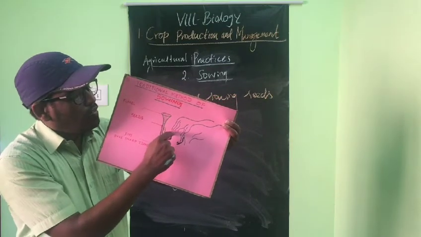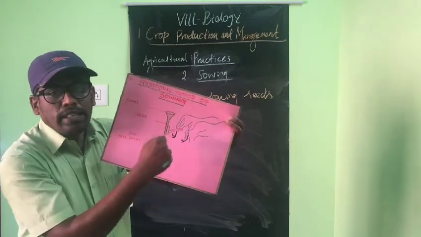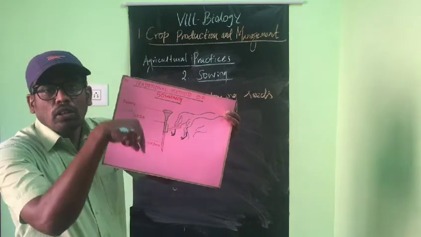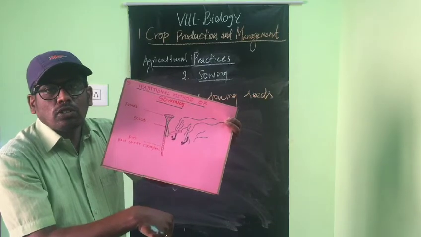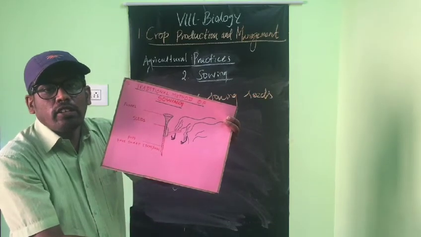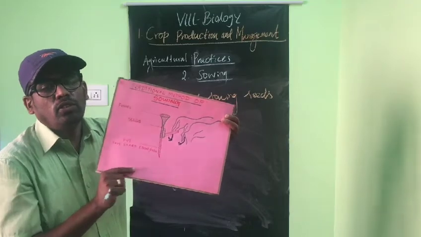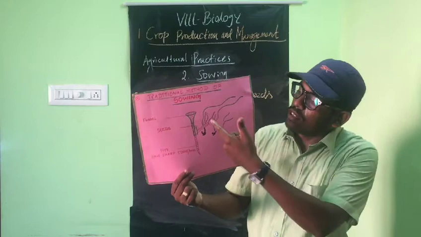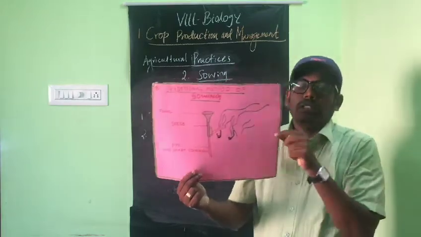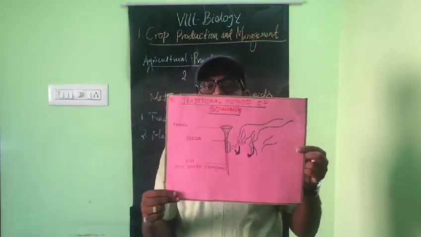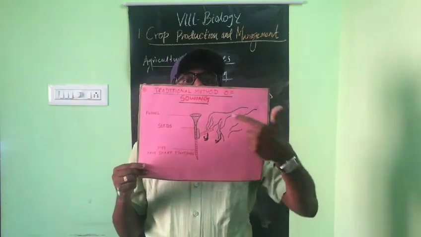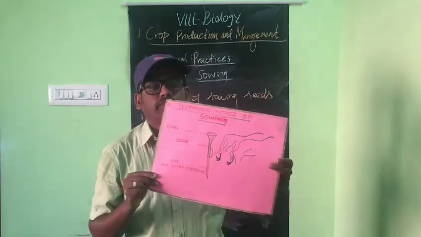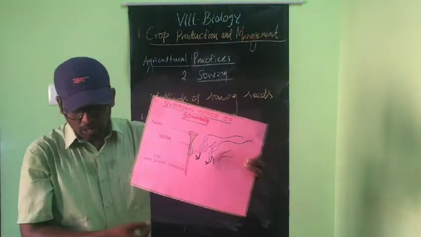Whenever the tube moves, the same pressure is given by the farmer, so it drills the ground and a seed is dropped into the soil. So this is the traditional method: a funnel-like structure attached to a long tube with sharp edges.